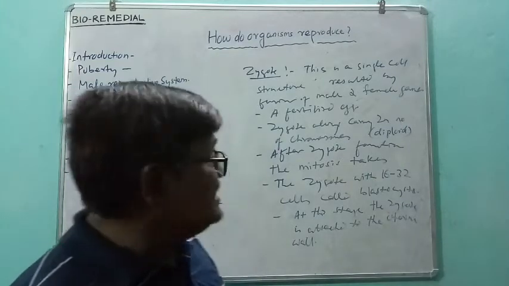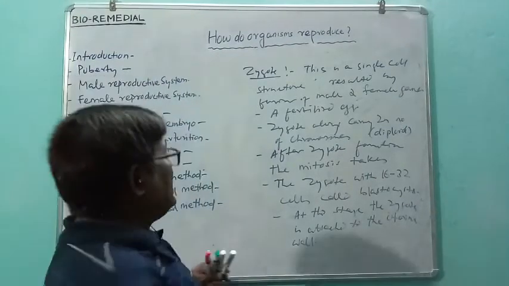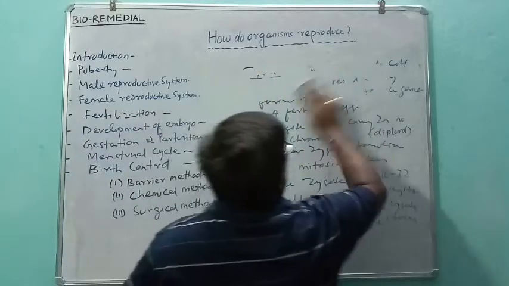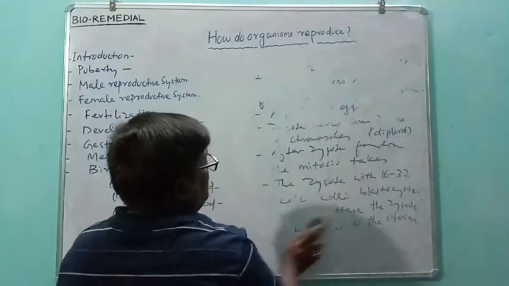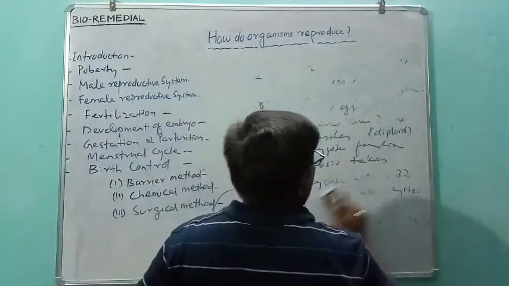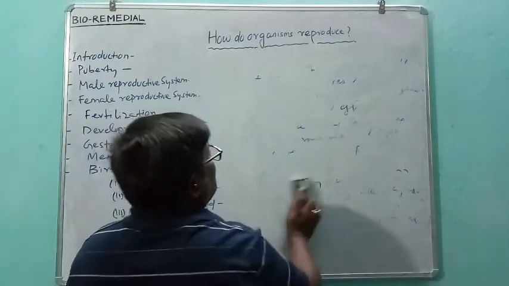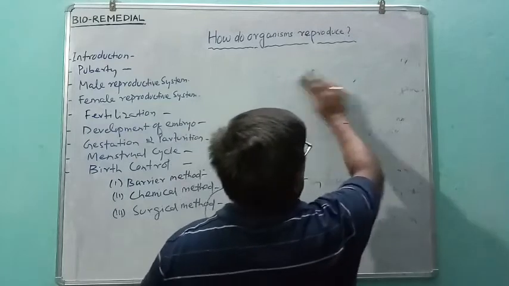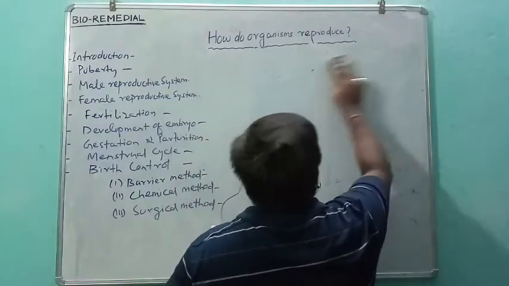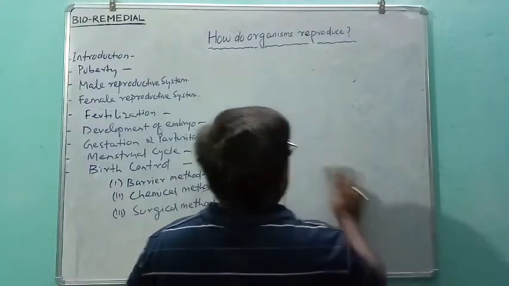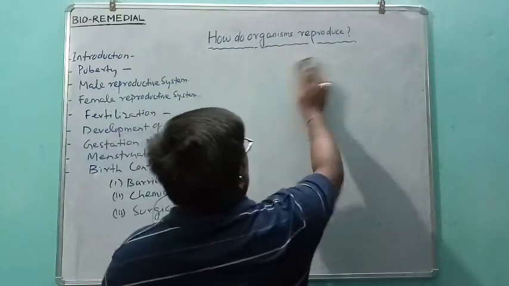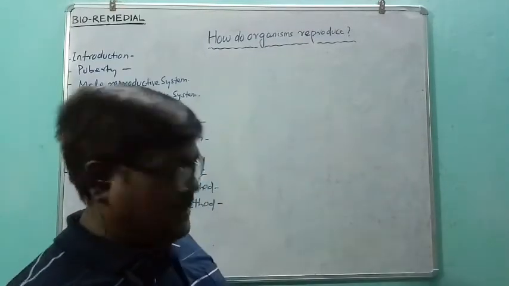After attachment, the zygote keeps on dividing into a huge number of cells, and it will form a sphere of cells. Then it will form some structural changes. The cleavage will take place. Then after so many changes, the development of the baby will begin.